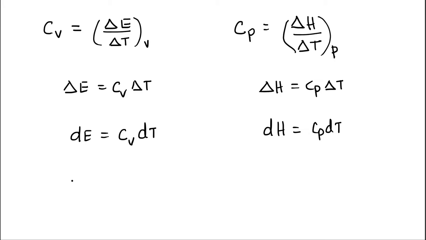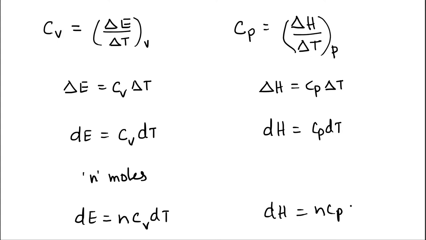For n moles, dE equals nCv dT and dH equals nCp dT. These are the heat capacities for gases at constant pressure and constant volume, and the relationships with their corresponding properties like internal energy and enthalpy.